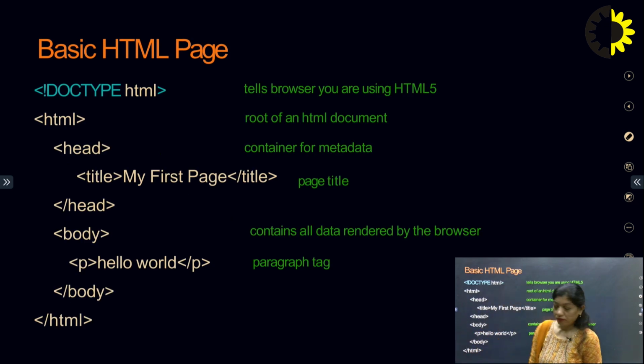Now, basic HTML page. We can use a Notepad editor, we can use VS Code for our HTML web page, and also we can use some online editor. But I would suggest we use VS Code because it provides some extra benefits for students for making good projects.